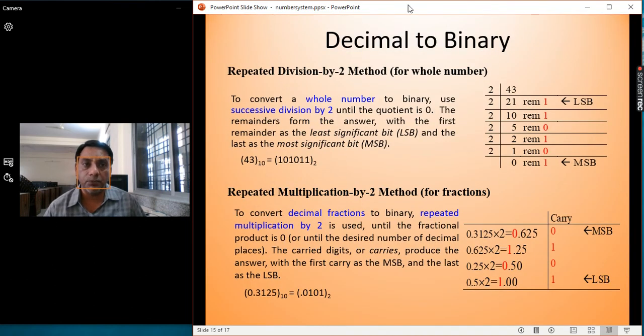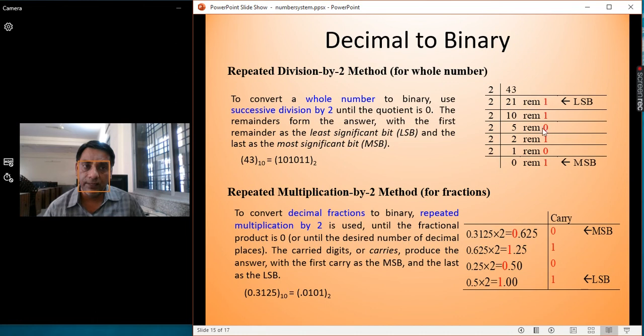It's another simple procedure. In this procedure, we divide the number by 2 and store the remainder. You can see the same example that we already calculated, 43, and this 43 is to be divided by 2. When you divide 43 by 2, you will have 21 and the remainder is 1.